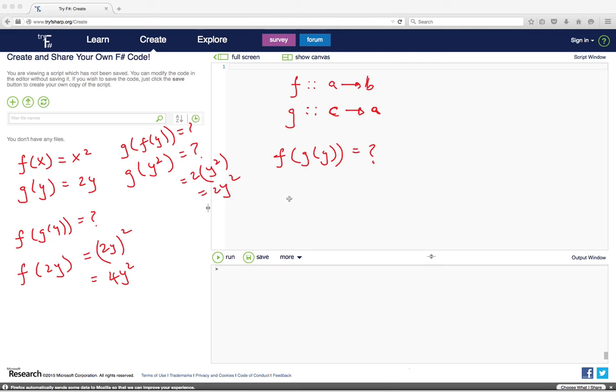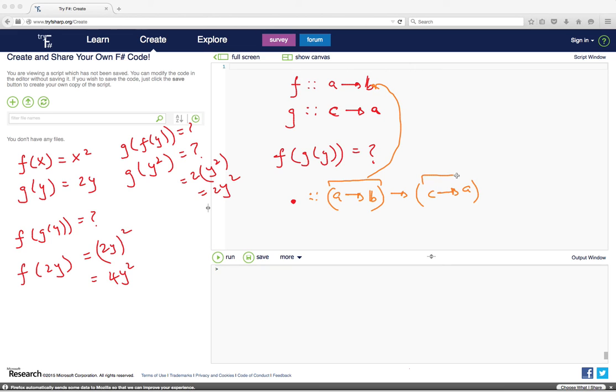Let's try to define the binary operator for function composition as a period. What this period does is consume two functions, a function f and g. So the type for this period, more formally, is going to be defined as consuming this function: the first function it consumes is this function f that goes from an a to a b, and then it consumes the second function that goes from a c to an a.